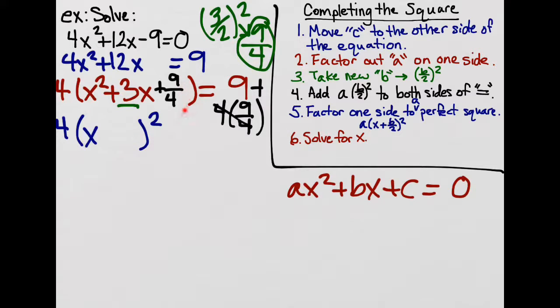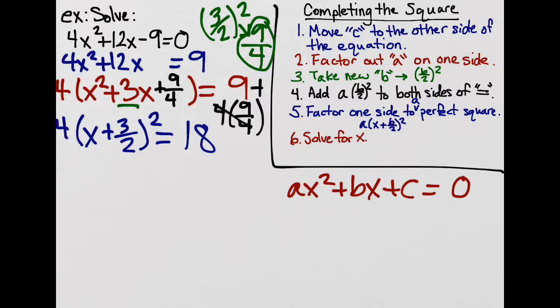This one's a little harder to do that because it's a fraction. So there's actually a shortcut you can use, and that is written down right here in step 5. That's going to always factor into the x plus the number that we got when we took b over 2 before we squared it. So in this case it'll be 3/2. So that'll be x plus 3/2 squared. It's going to equal our 9 plus 9, which is going to be 18.